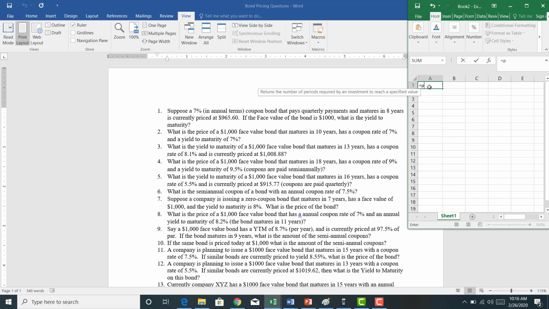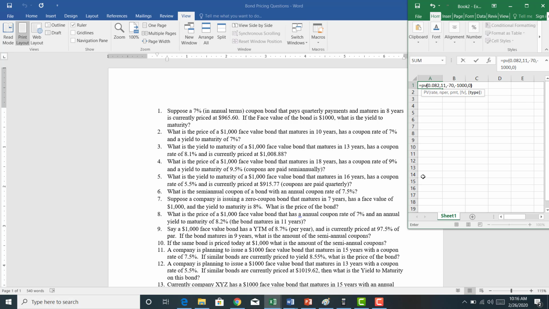So over here I'm going to solve for the present value of this bond. The rate in problem 8 is 8.2%, so 0.082. The number of periods is 11 years. The payment is negative 70. Again, 7% of face value. That's an outflow from the firm's perspective, so I'm going to say that's negative 70. And the future value is negative 1,000.